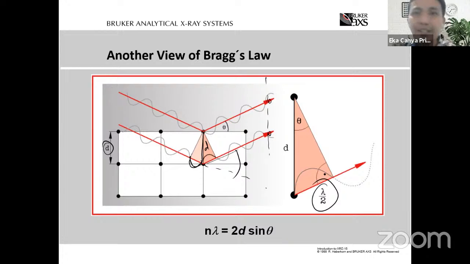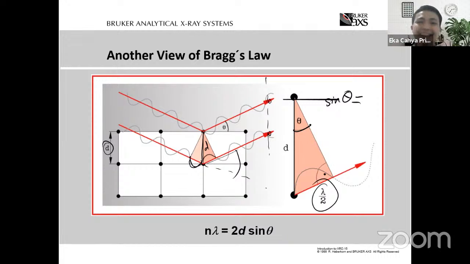Okay, so look at another calculation. Look at theta. Do you remember sine? What is the meaning of sine? Adjacent... Hypotenuse, do you remember?